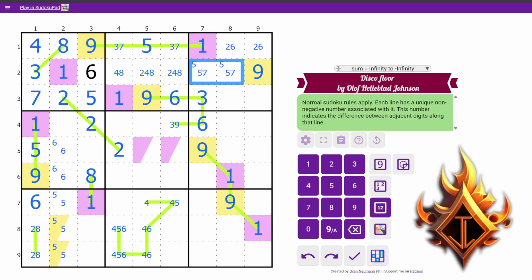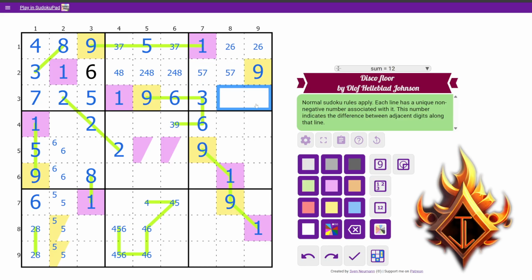So these are 5, 7. And these will be 4, 8. Yellow is on the top here. Yellow could go here though as well. If it did, it would be 9, 8, 7, 6, 5, 4.